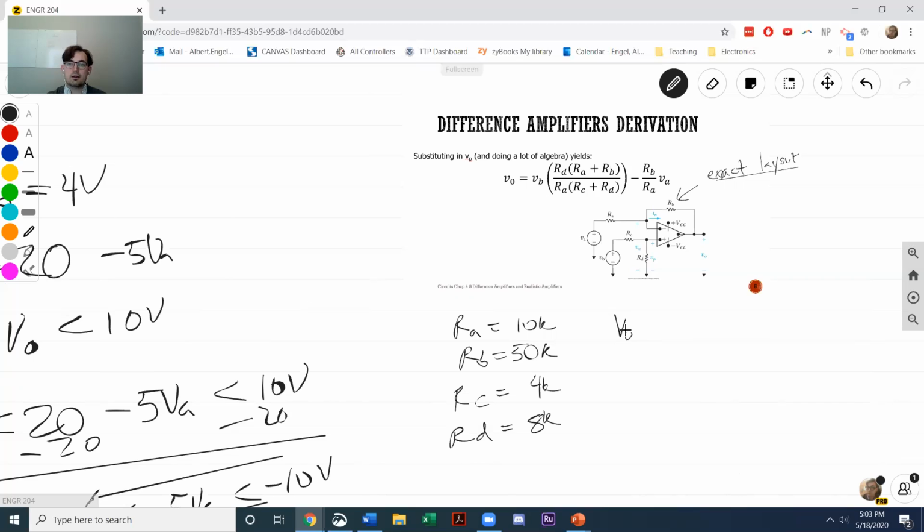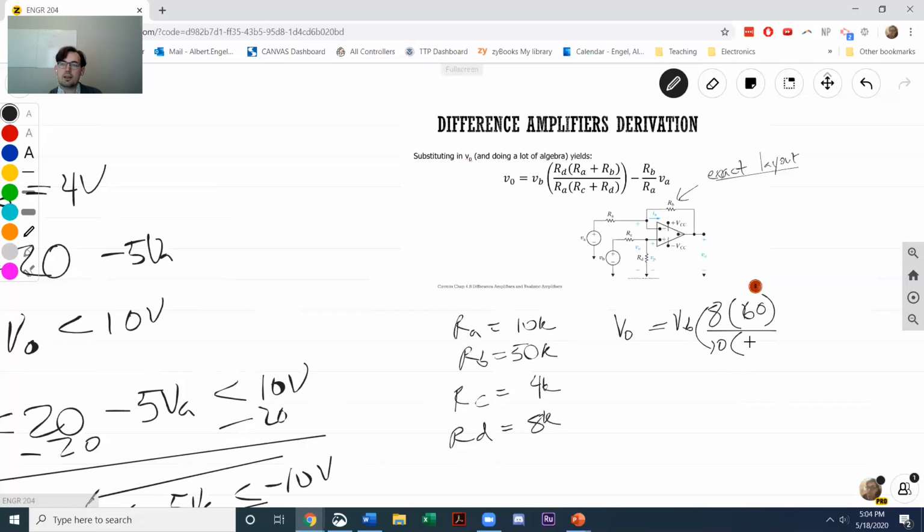So V naught is going to look like VB multiplied by this. RD is up top, so I've got 8 times the sum of RA and RB. That's going to be 60. In the bottom, I've got RA, which is 10. I've got RC and RD.